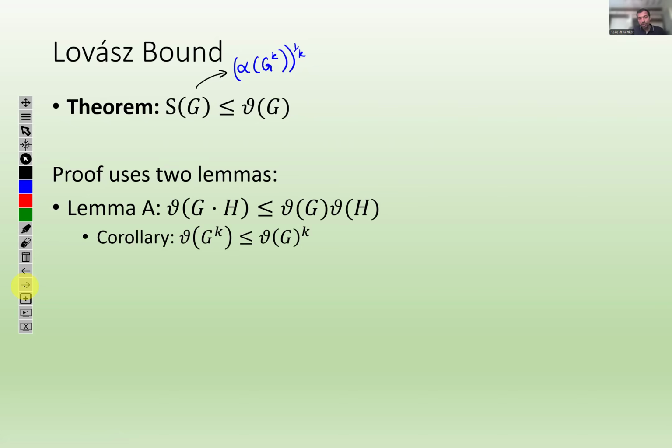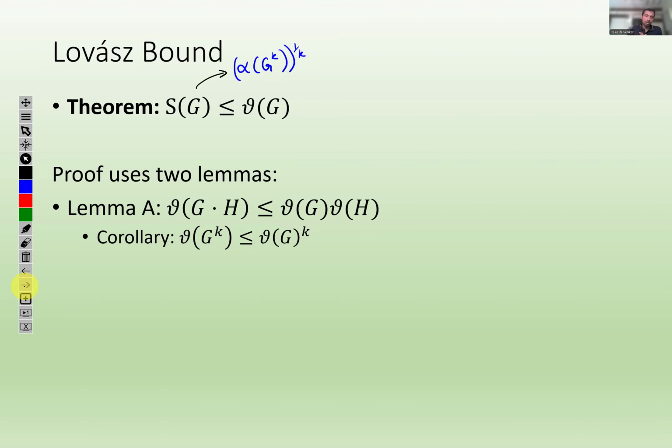The first part, which we'll call lemma A, is the following: the theta function of a product of two graphs is less than or equal to the theta function of g times the theta function of h.